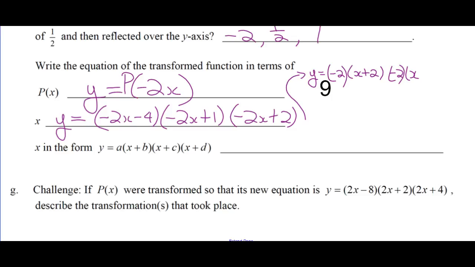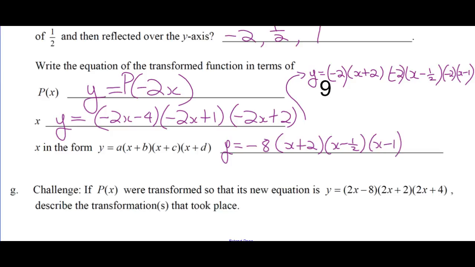Negative 2, and then we've got x minus 1/2, right, because that's we're going to do the plus 1. And then we've got a negative 2, and we've got x minus 1. Okay, so I'm going to pull all the negative 2's together. So y equals negative 8, and then I get x plus 2, x minus 1/2.